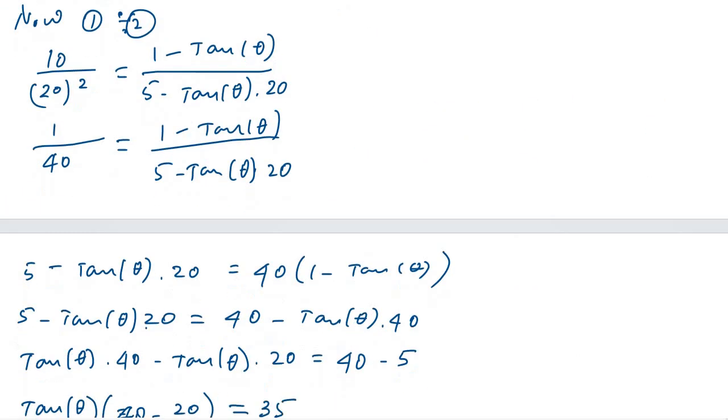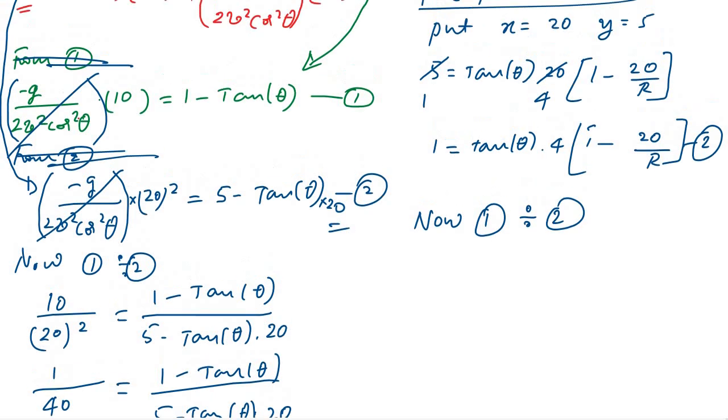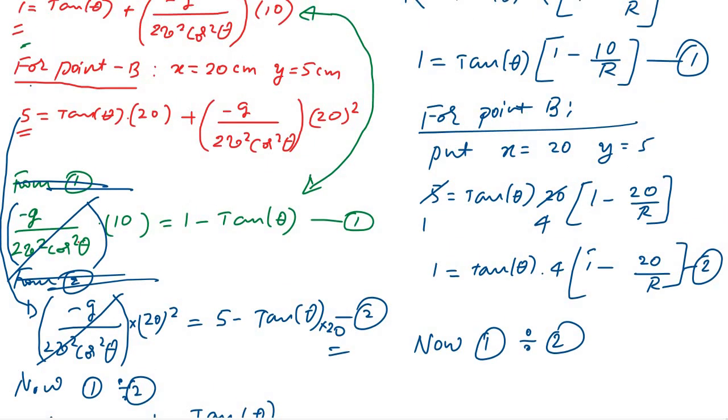Once I got these two equations, I now divide both equations. Equation 1 divided by equation 2. Otherwise you can equate the two equations because on the left hand side we have 1. It's very easy. The LHS is 1 for equation 2 and the LHS is 1 for equation 1, so we can equate the RHS.